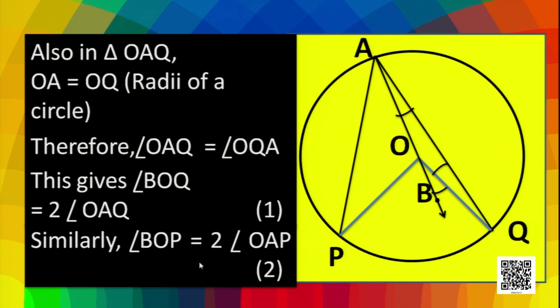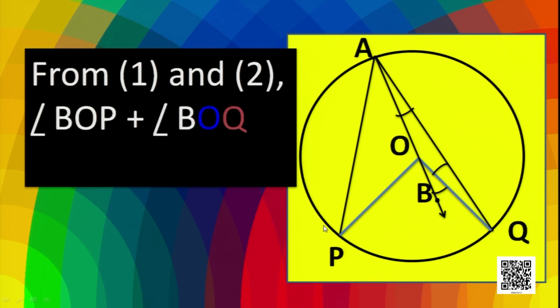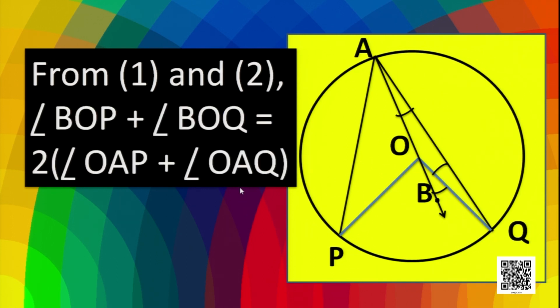Now, if we add these two, what do we get? We get angle BOP plus angle BOQ is equal to twice angle OAP plus twice angle OAQ. So by taking 2 common, we have angle OAP plus angle OAQ. Now what is BOP plus BOQ?